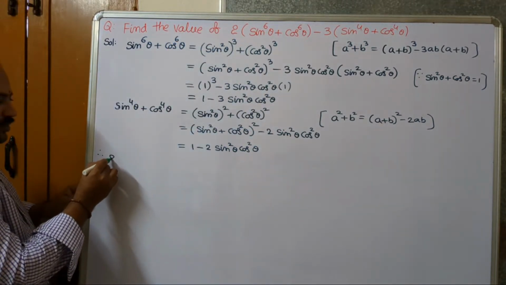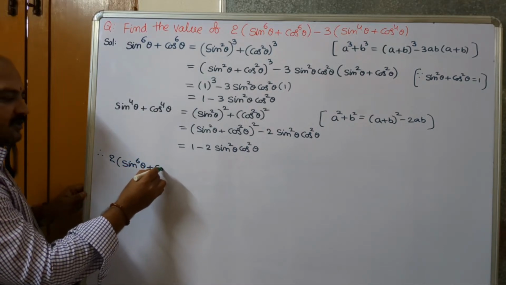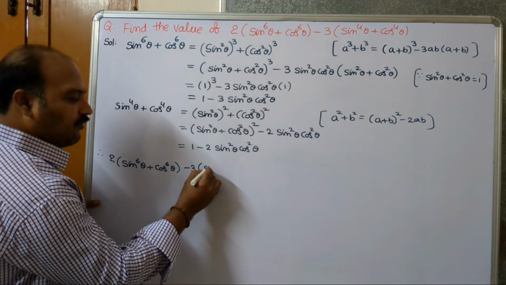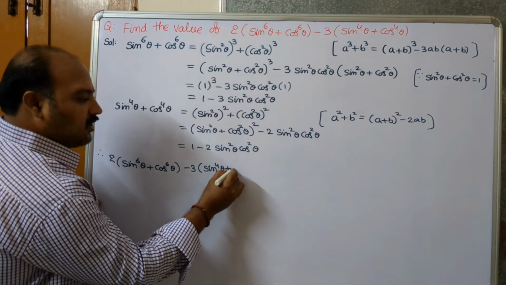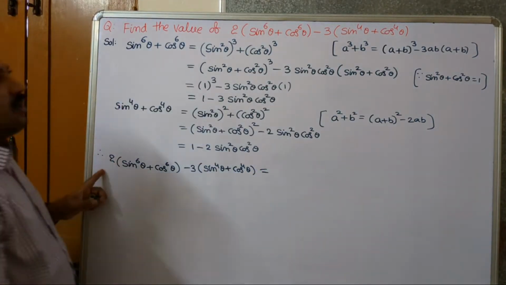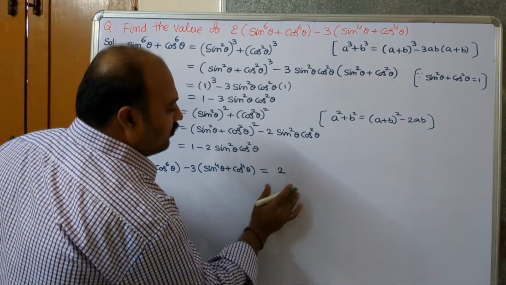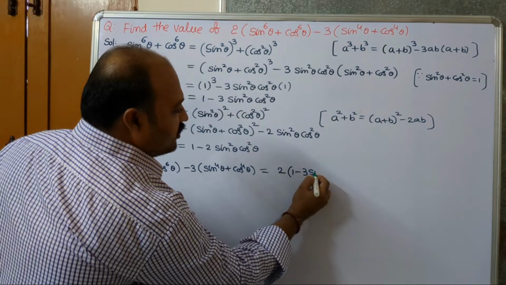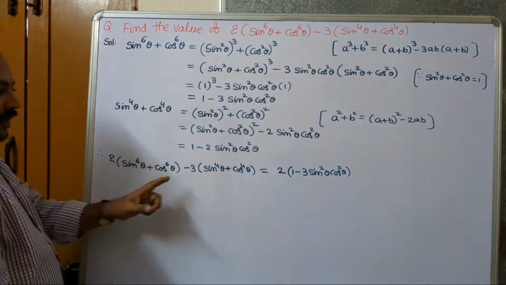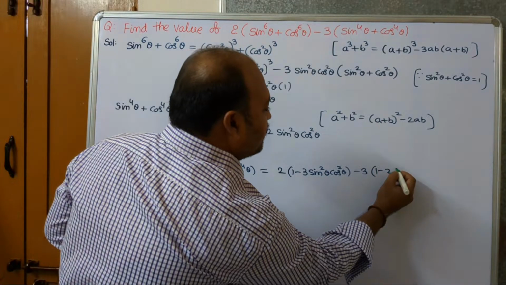Therefore 2 times of sin power 6 theta plus cos power 6 theta minus 3 times of sin power 4 theta plus cos power 4 theta is equal to 2 times of this value. So 2 times of 1 minus 3 sin square theta cos square theta minus 3 times of 1 minus 2 sin square theta cos square theta.